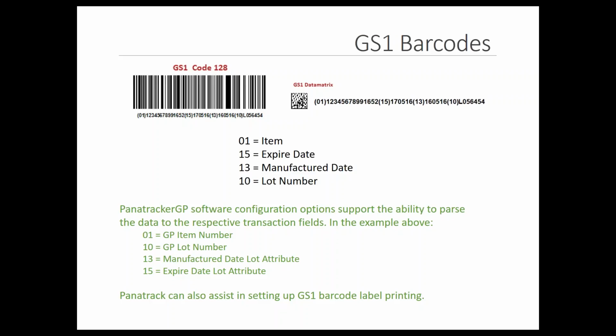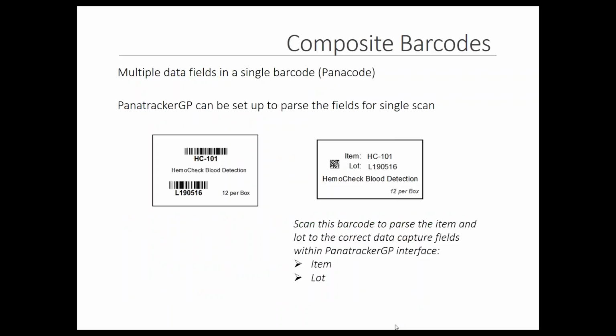Basically, this gives you the ability, with a single barcode, to scan it and capture all of this information. That's what we consider a composite barcode, which is how we refer to these: multiple pieces of data in the same barcode. We also have our own. If you're printing labels using our software, we have that same kind of composite barcode, which we call our Panacode, and it does a very similar thing.